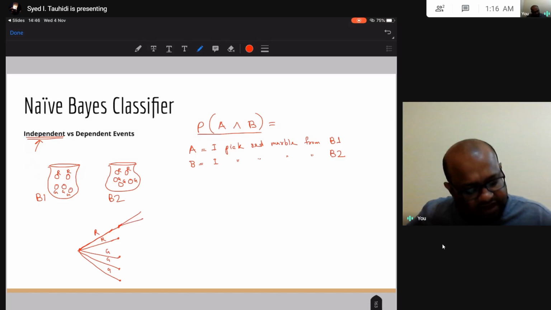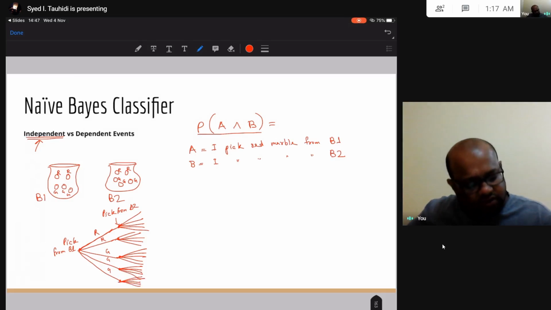I have 5 options again, from bag 2. This is picking from bag 1, this is picking from bag 2. So once again 5 options. This is picking red again. These are green, 2 red, 3 green, and these are red, green.